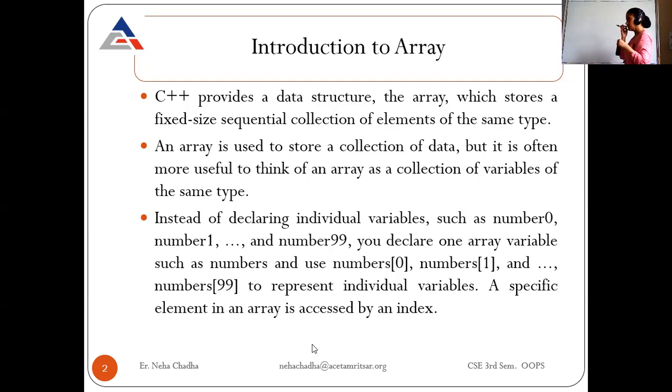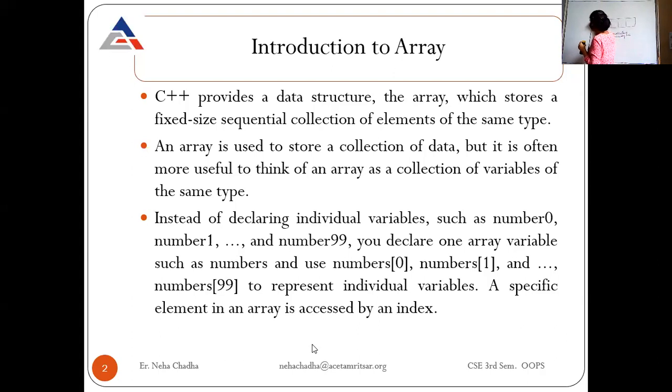The second thing related to an array is the location concept. If I'm saying an array, that means the array will store the elements at consecutive memory locations, one after another.